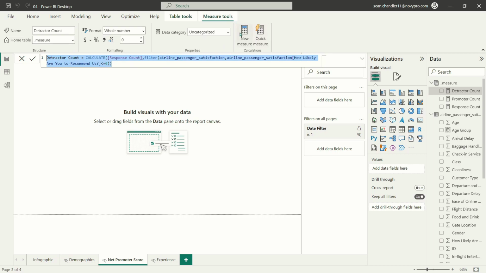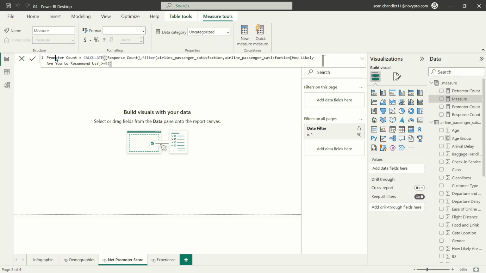And even though we're probably not going to use this measure in our report, let's just go ahead and create another measure for everyone who gave us a 7 or an 8.